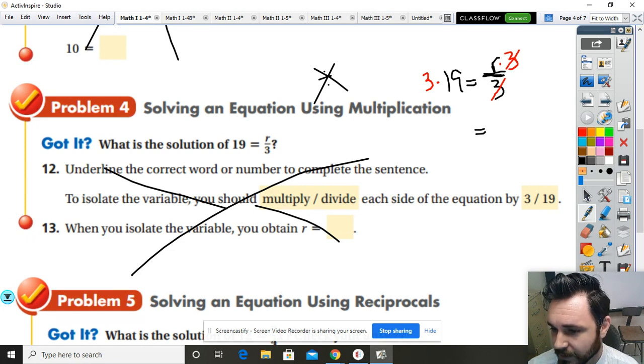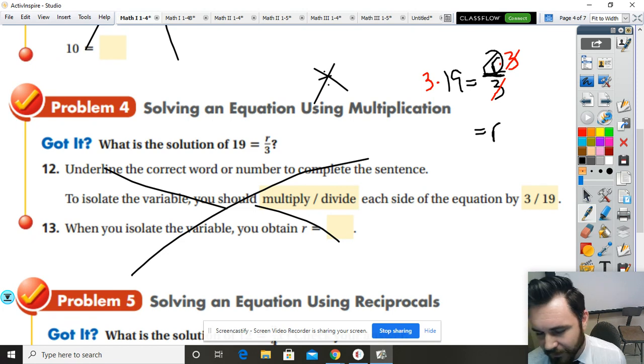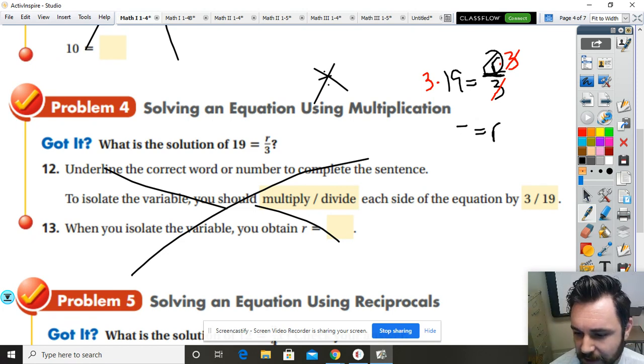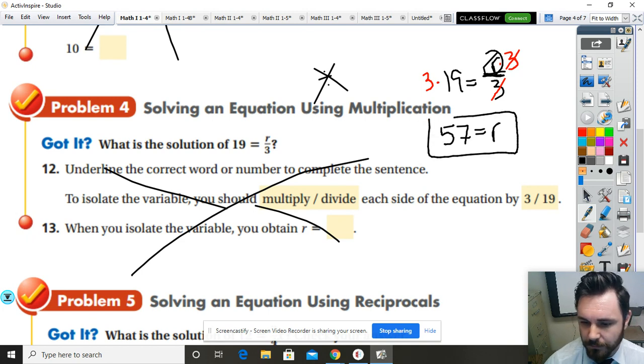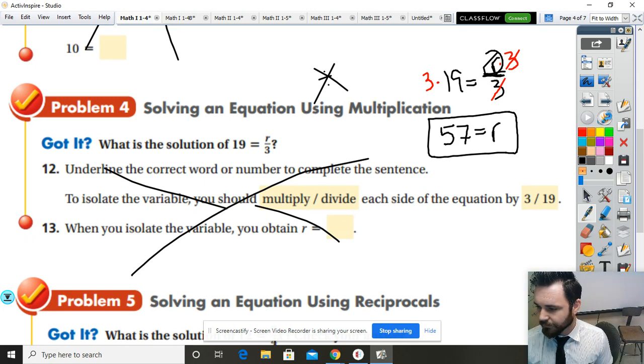All right. And so here we do have r by itself. It's isolated. And we've got 3 times 19, which is, I believe, 57 when I multiply that out. Good.